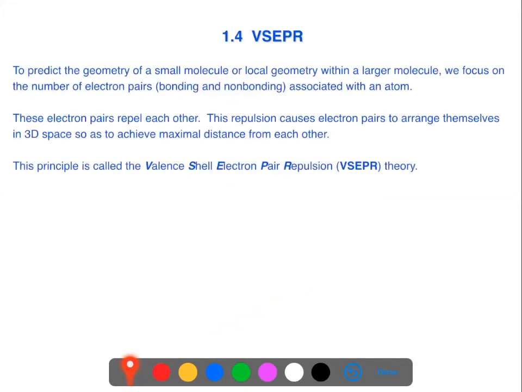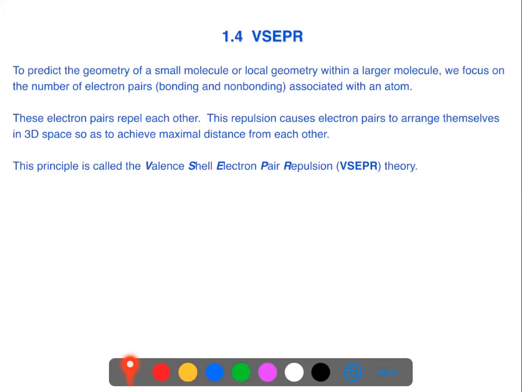Now, to predict the geometry of a small molecule, that is, the local geometry, or in a sense, the shape of a molecule, we can focus on not only the covalent bonds which those atoms form with one another, but also the number of non-bonding electron pairs associated with those atomic centers.